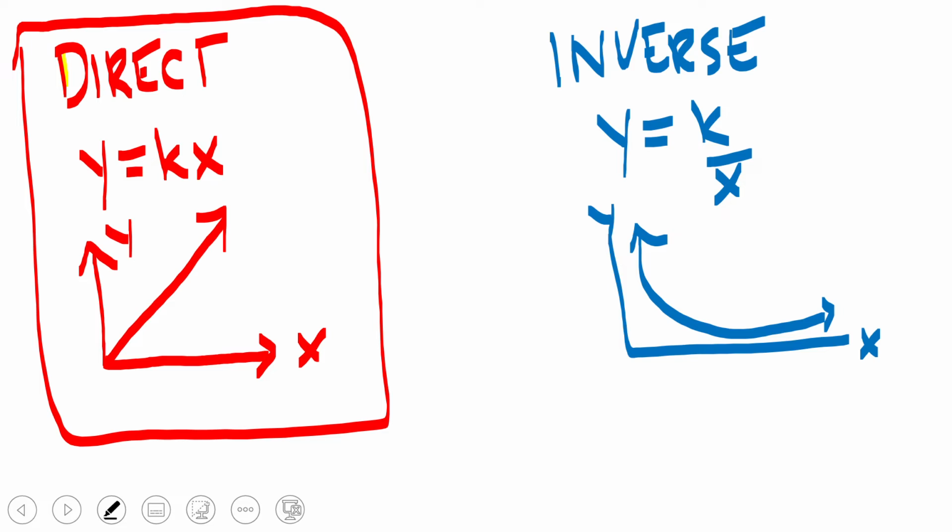That's why the graph looks like this as an inverse proportion, where it is approaching the x-axis but not touching or crossing it, and the same with the y-axis. Theoretically, this could go on forever and ever with very tiny numbers as the x and y approach from this formula.